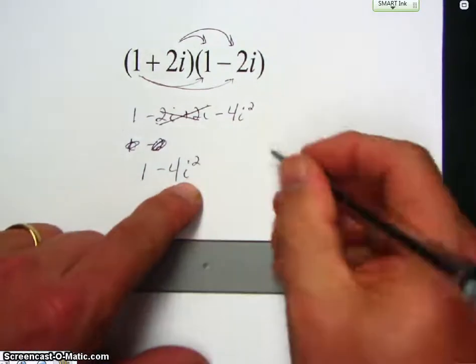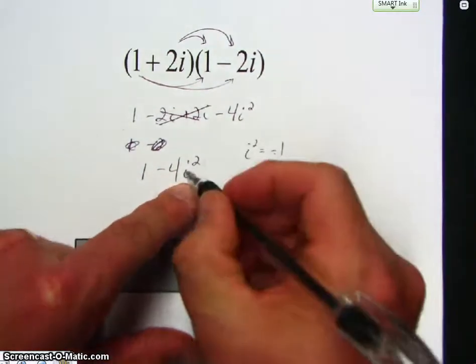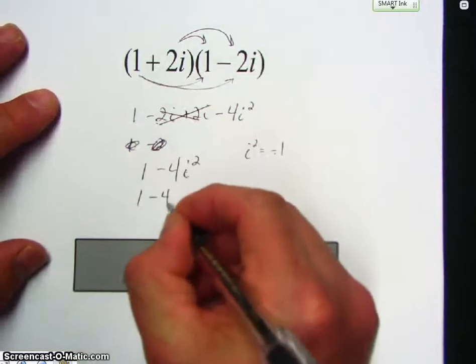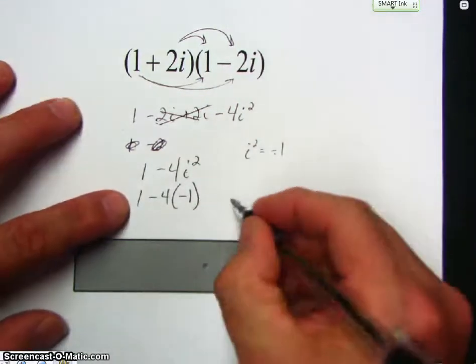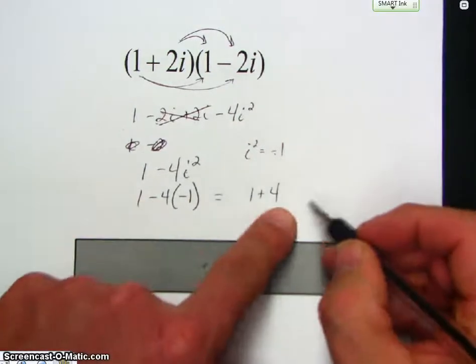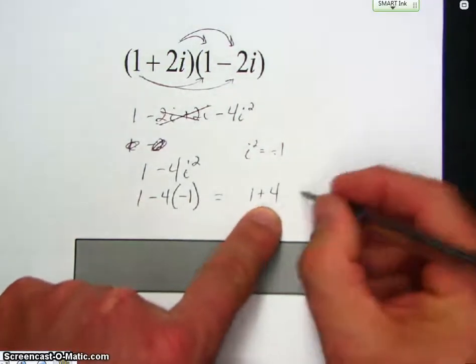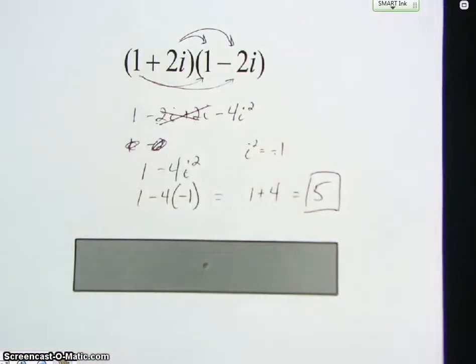Well, if you notice, i squared, we know is equal to -1. So I'm going to take -1, plug in for i squared. Right, so that gives me 1 plus 4, and then these are like terms, so I can add them, so it gives me 5. Right, so I get a value of 5.